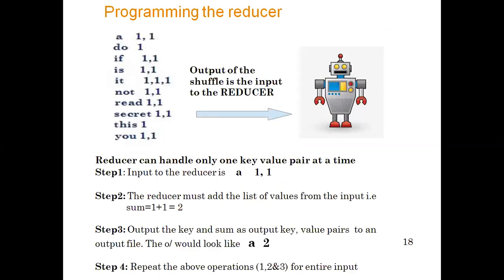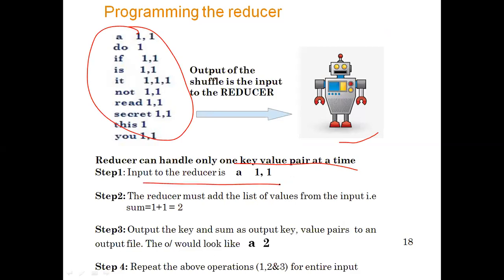So programming the reducer, this was our input file, and the output of the shuffler, which is the input to the reducer, will go like this. The reducer can handle only one key pair at a time. Step 1, input this to the reducer: A 1, 1. That is the first line.